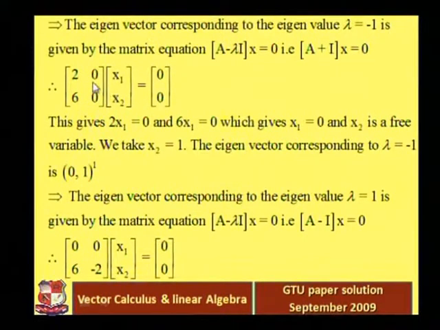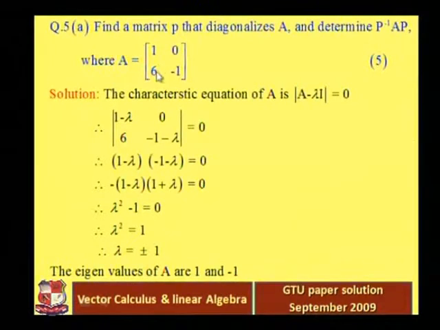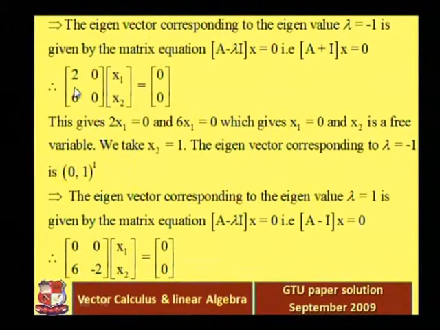Here you can see the matrix A plus I. What is our A? 1 0 6 minus 1, and I is the identity matrix, 1 0 0 1. So this is the matrix 2 0 6 0, right?